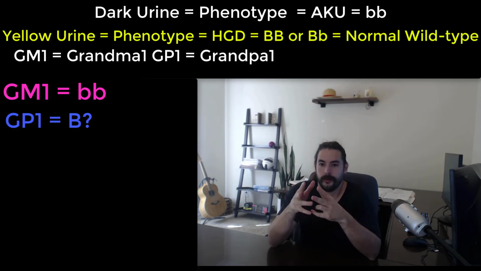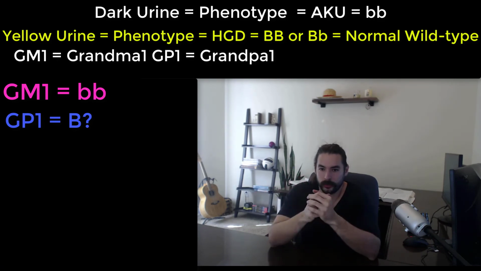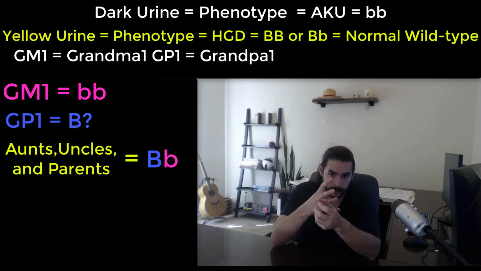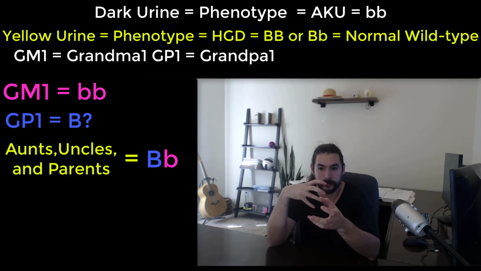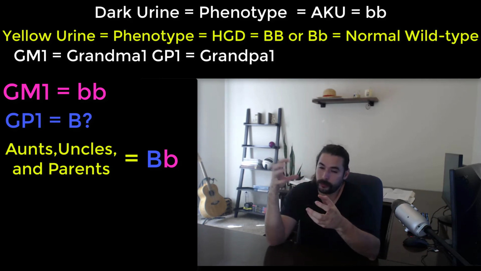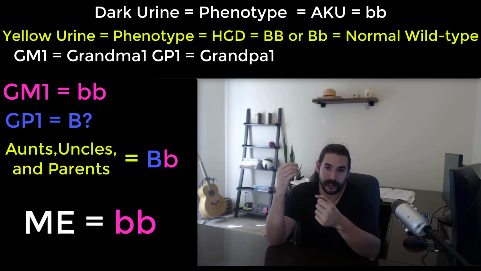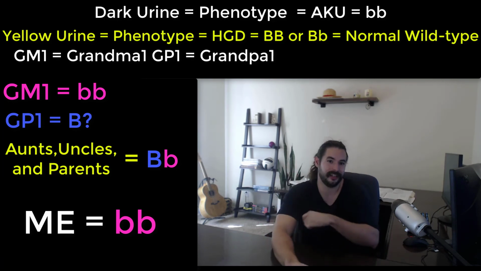So all the kids are going to be big B, little b. And then there's me. When my 2 parents met, they were both big B, little b. I got an allele from my father, which was a little b, and then I got an allele from my mother, which was a little b. That means I flipped a coin twice and got real lucky with black pee.